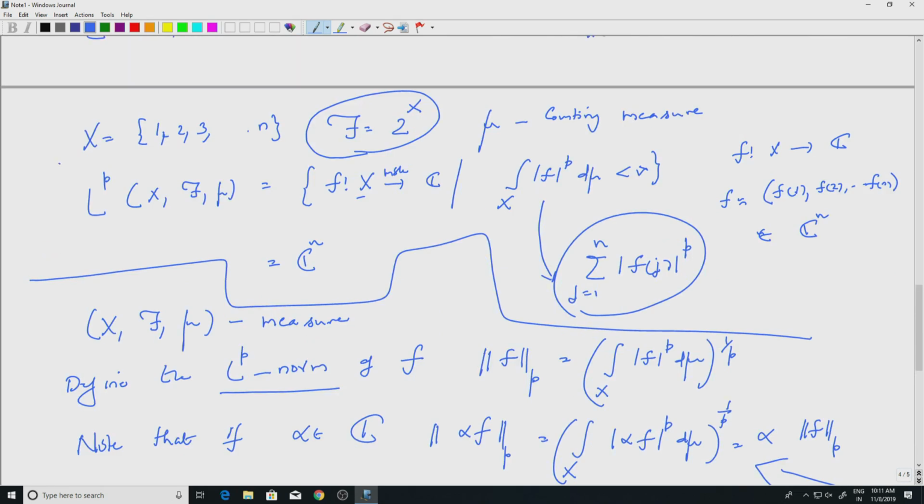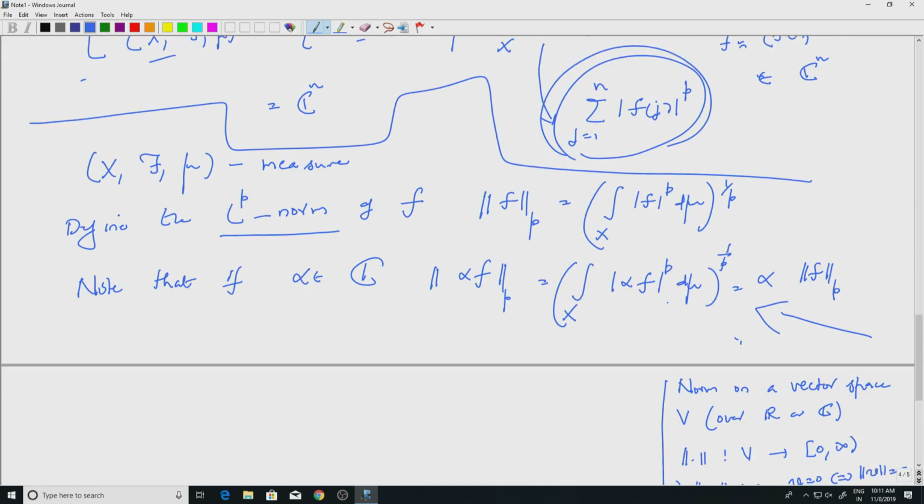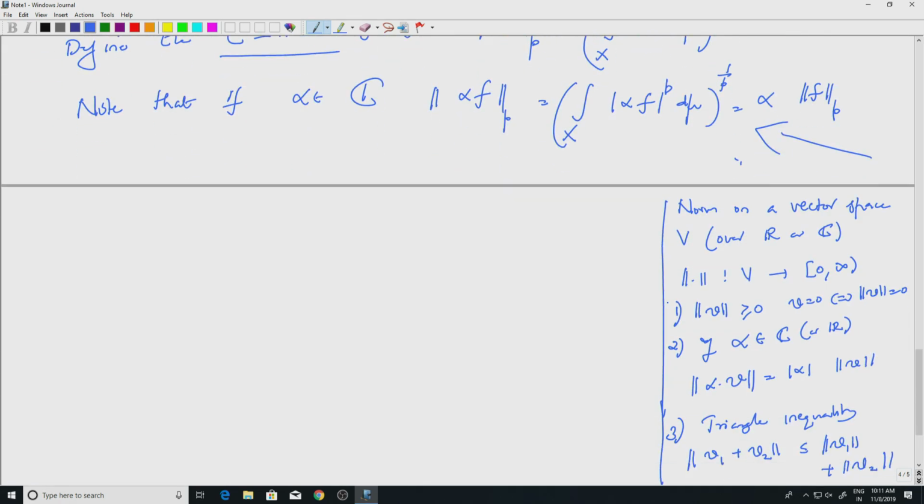I have X equal to {1, 2, 3, ..., n}. I have the sigma algebra which is the power set, and I have the counting measure. The LP space is simply all functions on X, because this is always finite. But let us see what the norm is. Let us write the sets again: I have the finite set, the power set as a sigma algebra, and mu the counting measure.